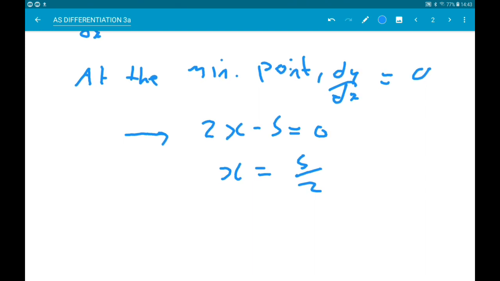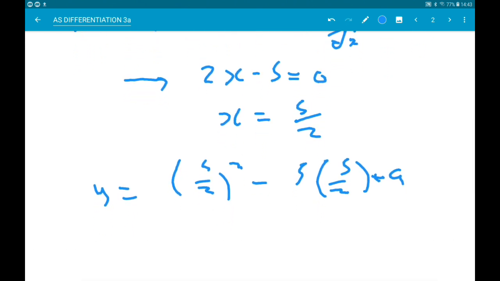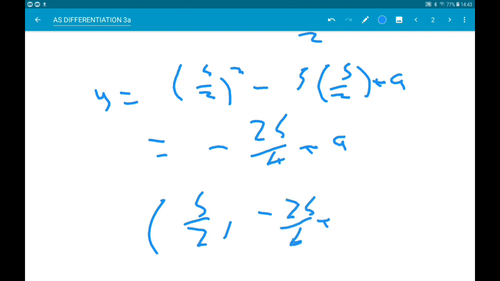So y is 5 halves squared minus 5 lots of 5 halves add a, and that should give you minus 25 quarters add a. So the coordinates are 5 halves, minus 25 quarters add a.